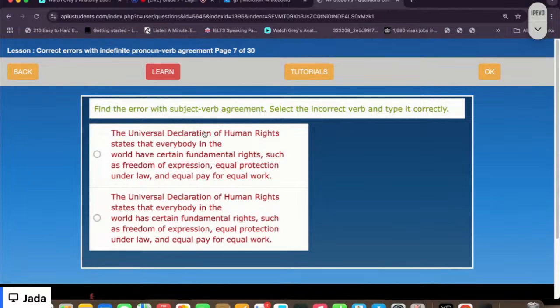The Universal Declaration of Human Rights states that everyone in the world have certain fundamental rights such as freedom of expression, equal protection under law, and equal pay for equal work.